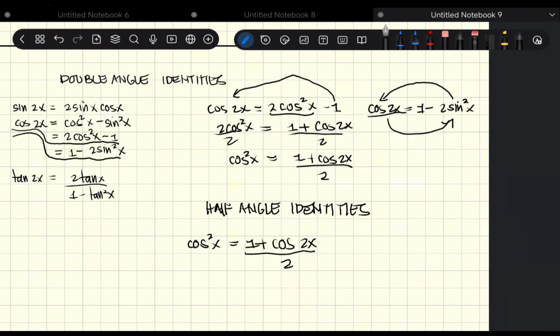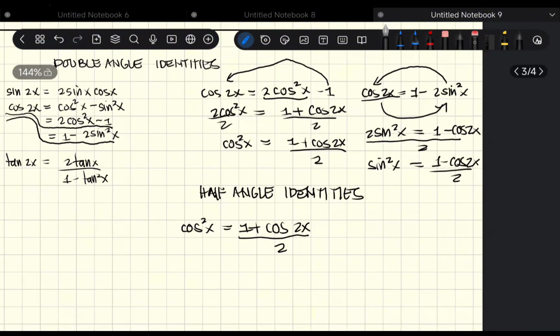We're going to have 2 sine squared x is equal to 1 minus cosine 2x. Divide by 2. We get sine squared x is equal to 1 minus cosine 2x all over 2.